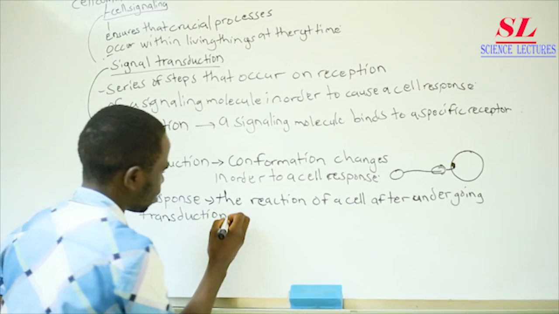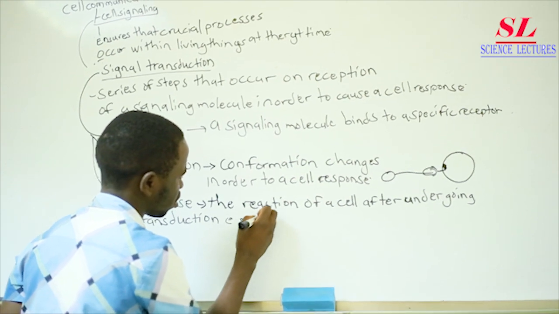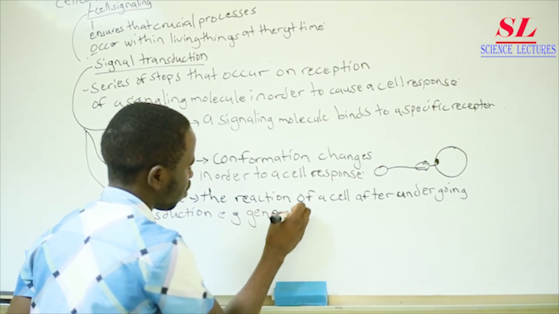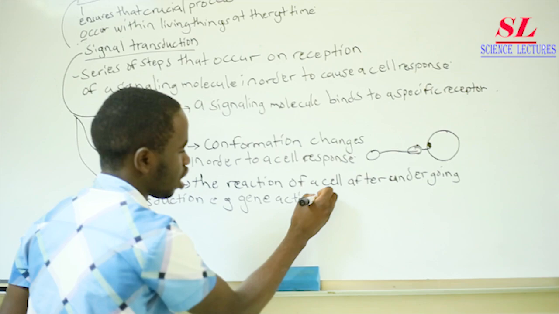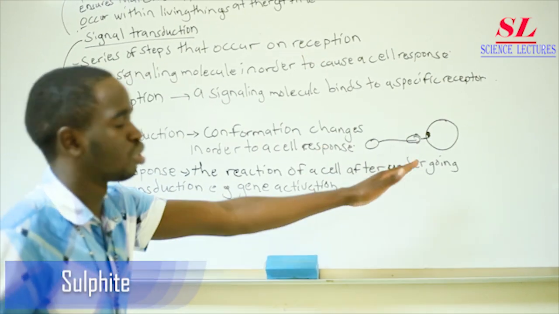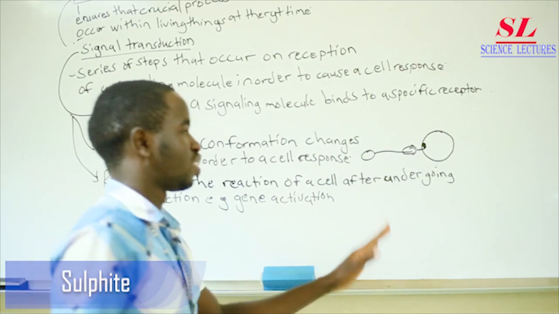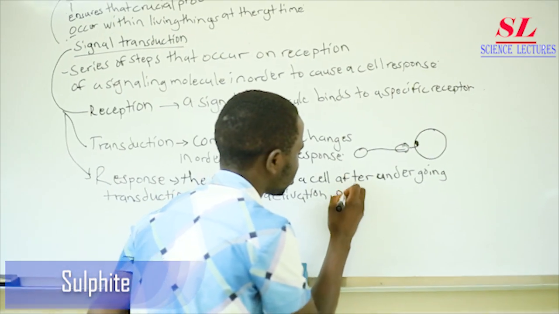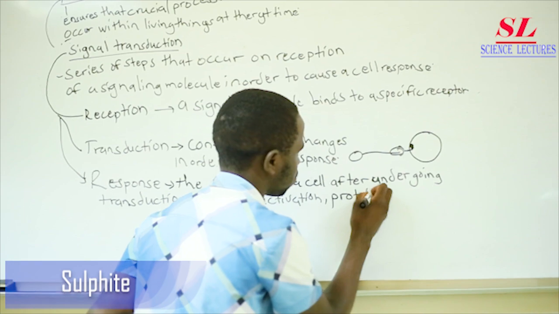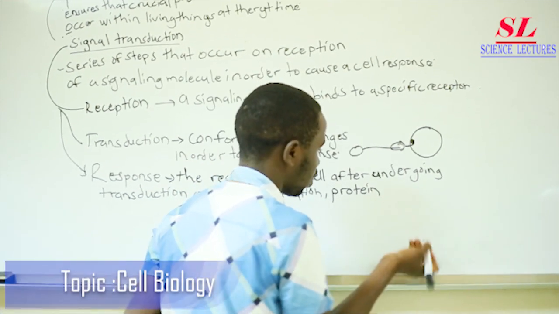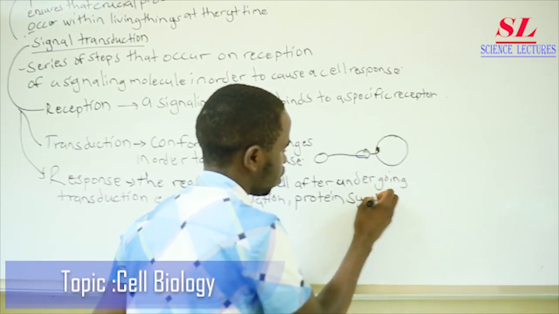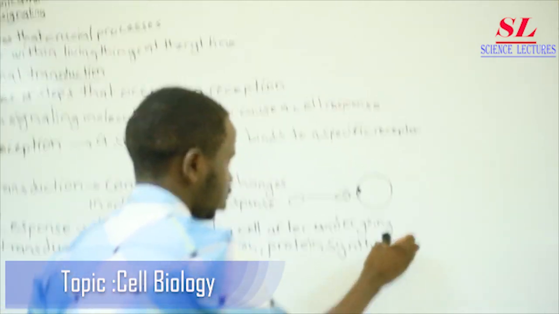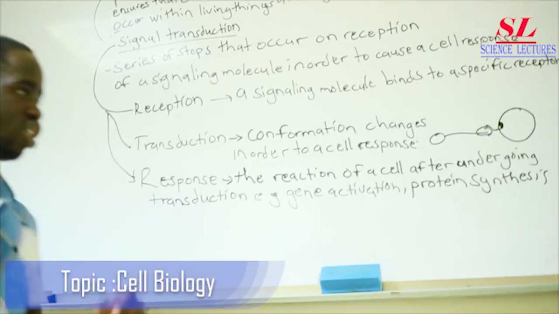The response can be gene activation. This is very common for molecules that can easily cross through the cell membrane, then enter into the interior of a cell. It can be protein synthesis. Never know, a specific protein might be needed to be manufactured at that time. So whenever a signaling molecule binds, they increase the rate at which the protein is being produced.